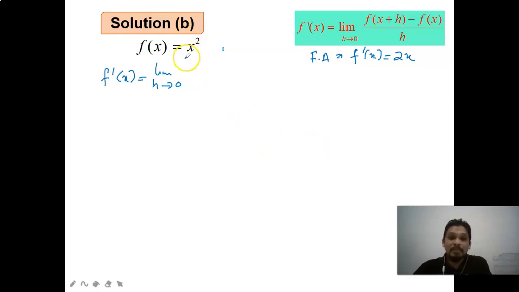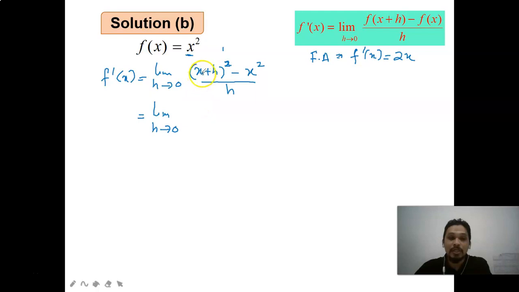So substitute x plus h into this x. (x plus h) squared minus f(x), which is x squared, and everything divided by h. Okay, limit h approaching 0. Expand this.